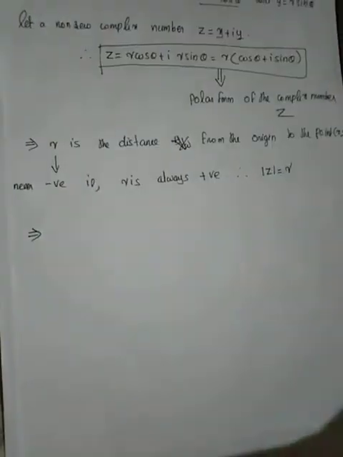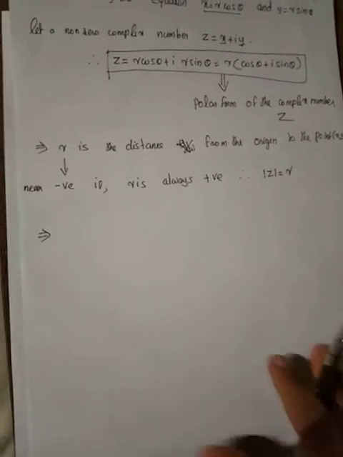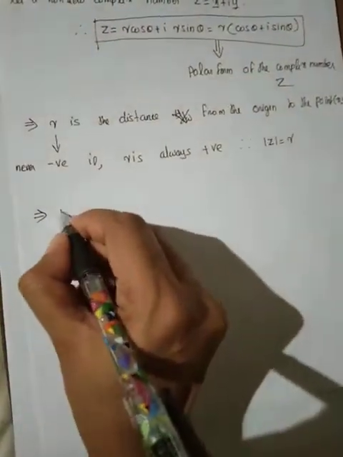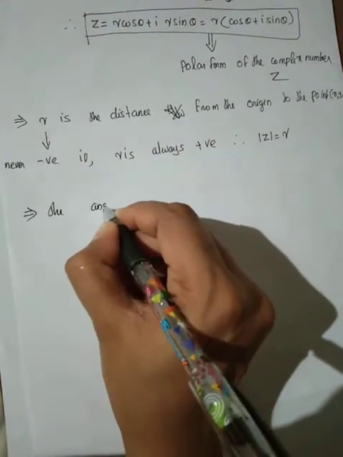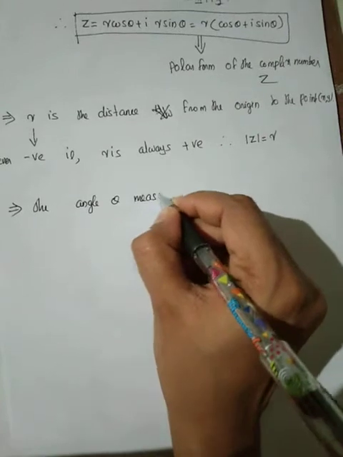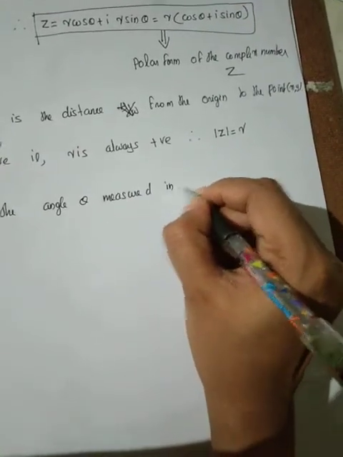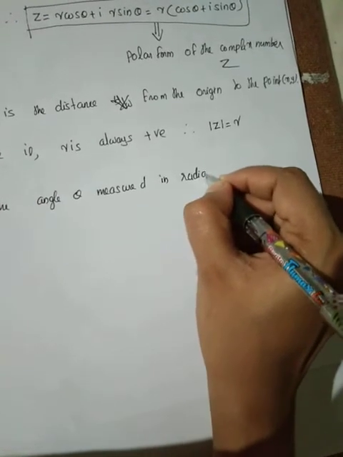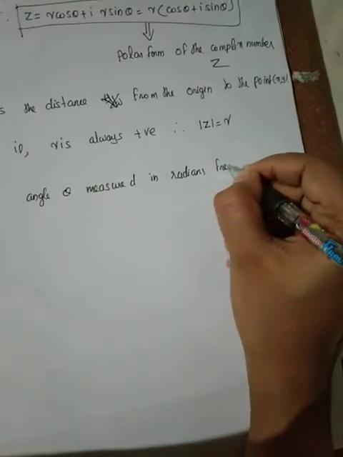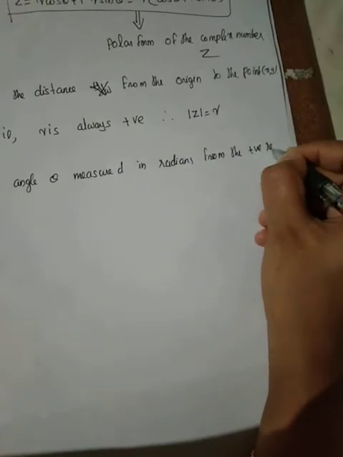Where theta is the angle, measured in radians from the positive real axis.